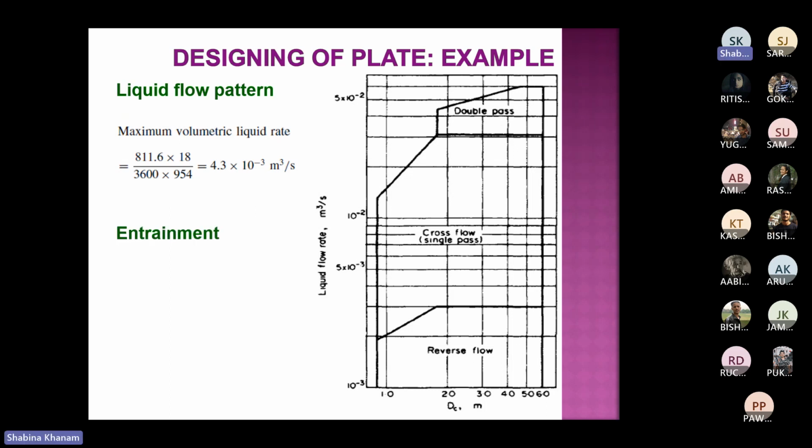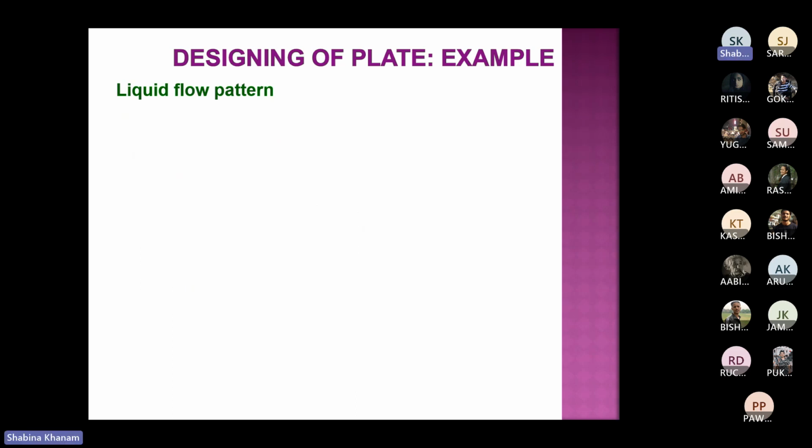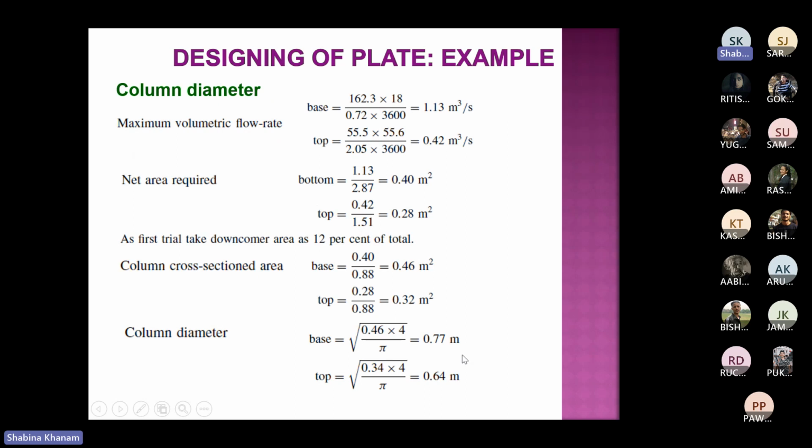Next, we need to check for the entrainment condition. Let me discuss over here. 0.77 meter we have considered as the column diameter, right? So this is the calculated value. However, you can find the column diameter based on the standard diameters which are available. In the book it is given that 0.77 we obtained, and 0.79 is the diameter that has been selected.